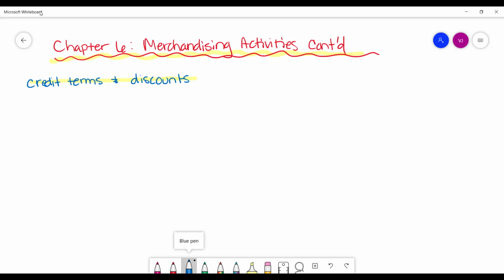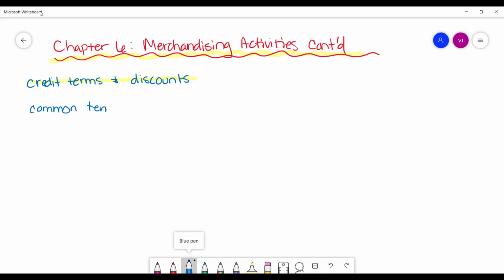So to encourage customers to pay them early, a lot of companies, or suppliers, if you want to call it a manufacturer or wholesaler, but we can refer to them just as suppliers in general, will often offer their customers discounts. And when these sales are made, there are credit terms attached to them when you buy something on account.